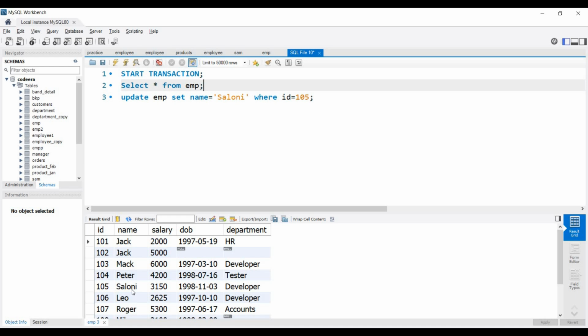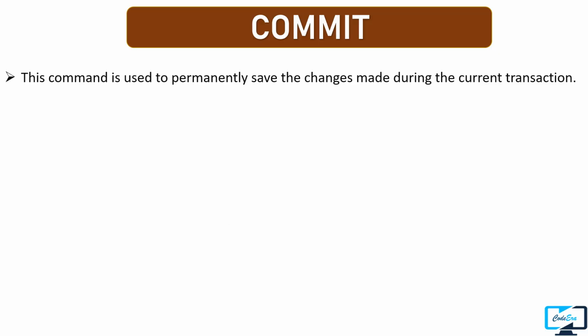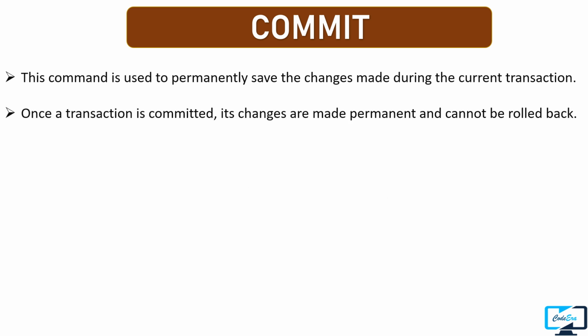Now if we want to save these changes or modifications permanently into our DB, for this we have to use a transactional command, which is the commit command. We use this command to permanently save the changes made during the current transaction. And once we commit a transaction, it is permanent, which means we cannot revert or undo our changes.